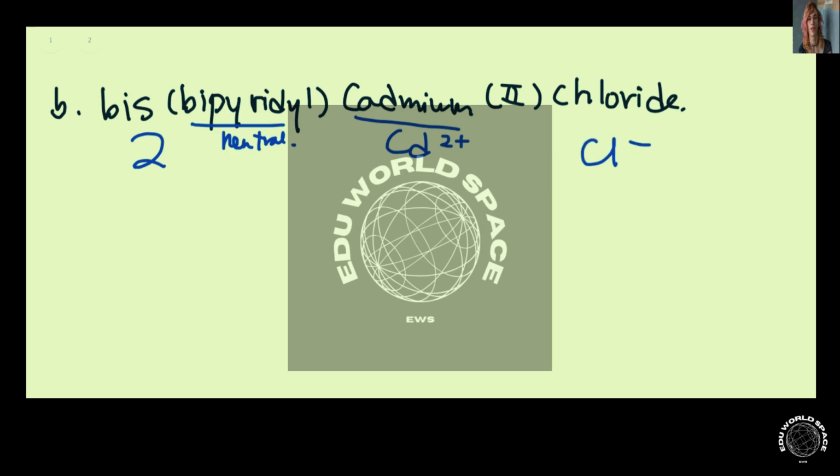So if we put this together, we have the complex formula cadmium bipyridine 2 in brackets. So the oxidation number of this part will be 2+, and this is 0, so it will be 2+.